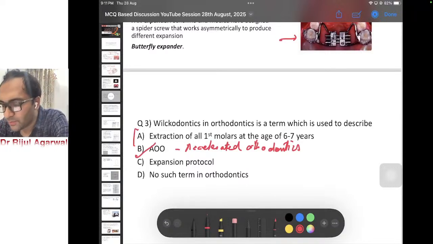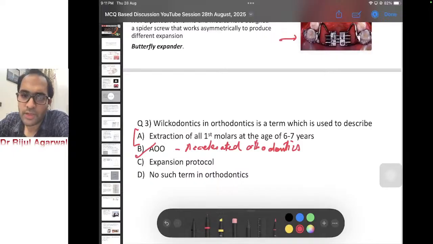So what is the term for option A then, if anyone can tell? Extraction of all first molars at the age of 6 to 7 years. Sir, is it PAOO? I'll get to it. So first tell me what is the name given for option A, then I'll come to your doubt.